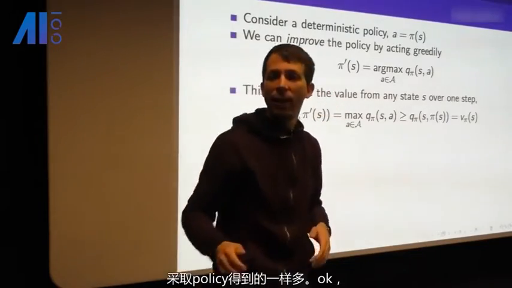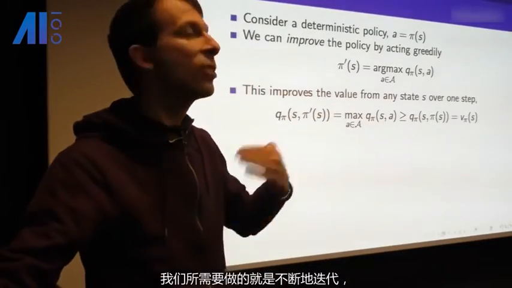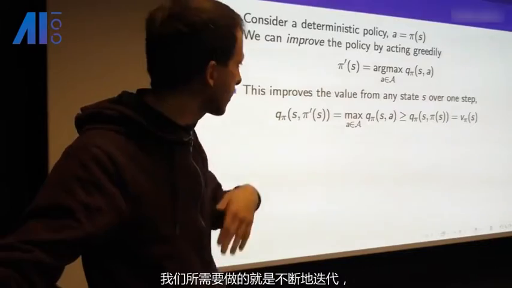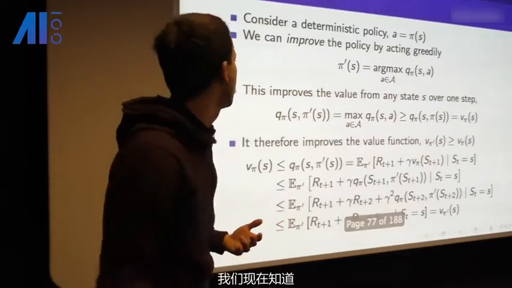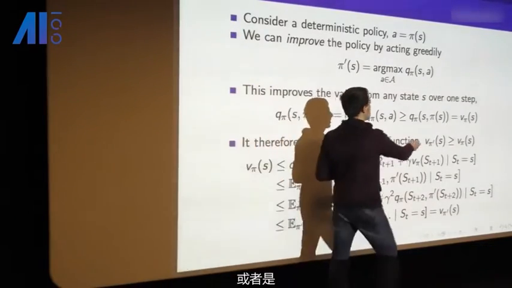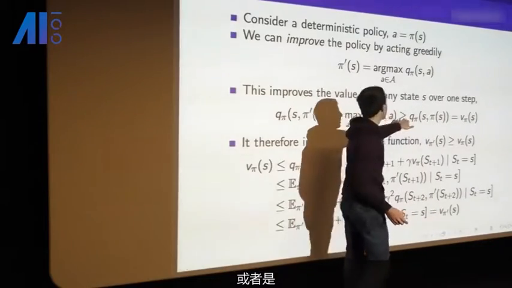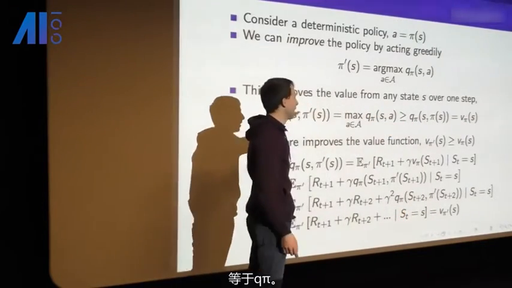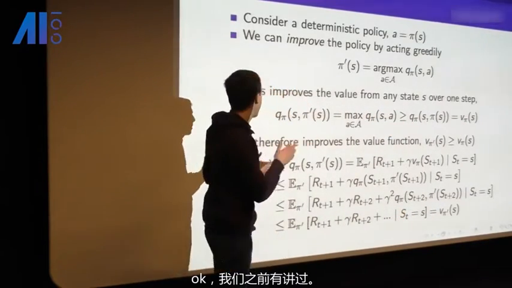Okay? And then all we have to do is iterate this using a telescoping argument. We've basically got our result, which tells us that v pi is less than or equal to this q pi term. Okay, that's our premise.